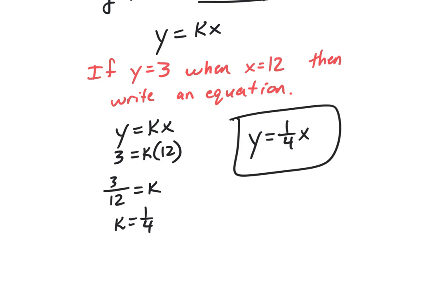And that's our equation. We just take k and plug it back in for k, because that k value will stay the same for that particular problem, and that would be our constant. So they don't just come right out and tell you what the constant is. You just have to find out what that is.